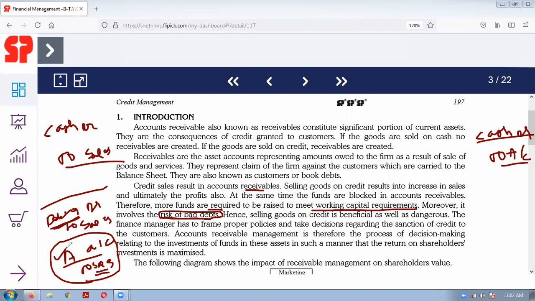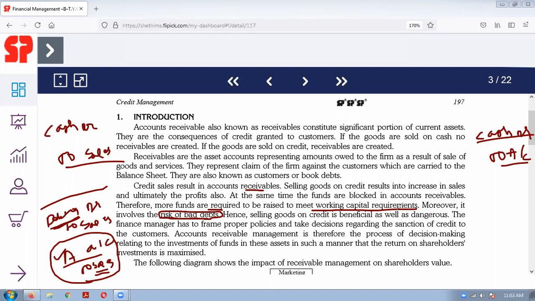So till that time, your money is blocked. You have purchased the goods that you have sold, but you have not got money. So you will require more funds to meet the working capital requirement. This is one of the considerations you have to take before giving a decision on credit.